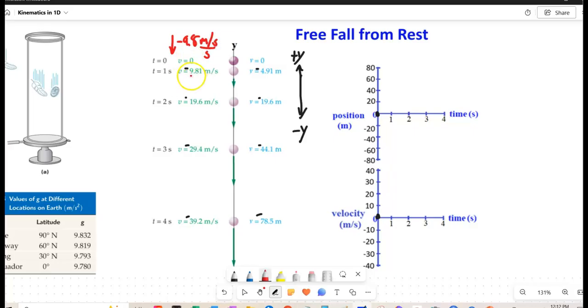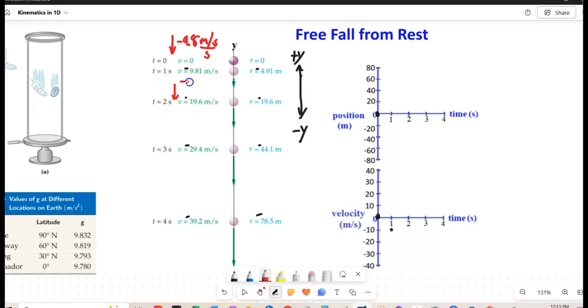So after the first second, you're going to be traveling at 9.8 meters per second, which I'm going to put that number in right here. So we'll just call it 10. And now you're traveling at negative 9.8 meters per second.